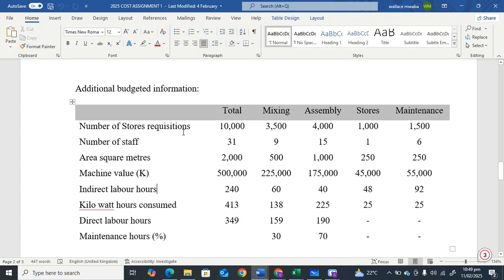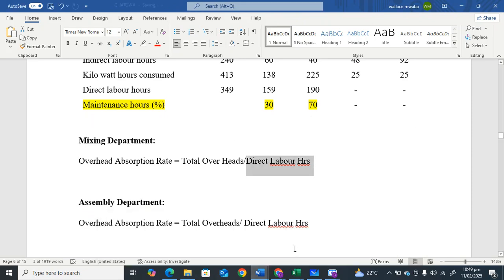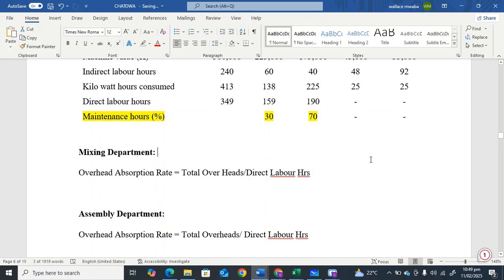You pick an appropriate absorption base. Don't use area in square meters or machine value. Those are not good absorption bases for the production department.